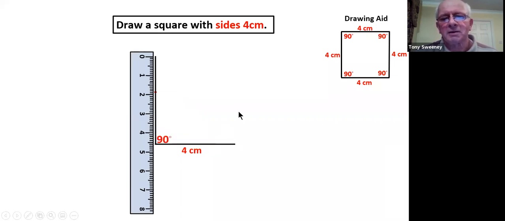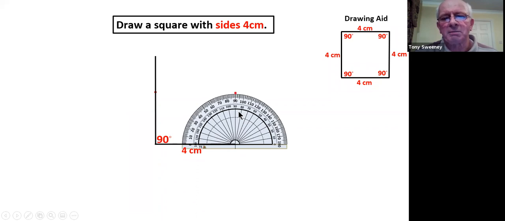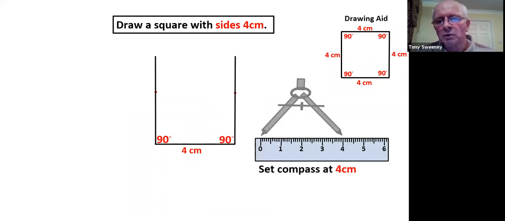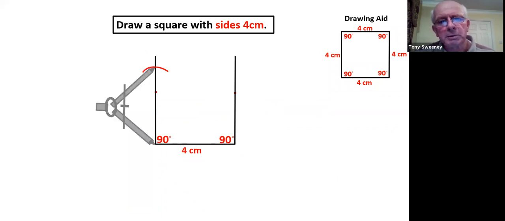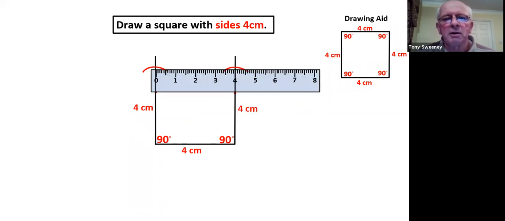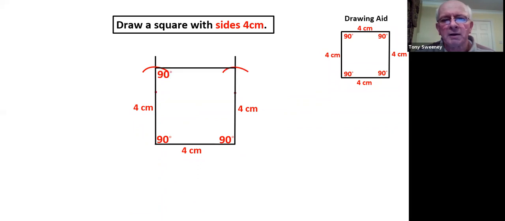On the other side, we do the same thing, a 90-degree angle, and draw a line. The line can be as long as you want. Now we get our ruler and we measure 4 centimeters, and we cut 4 centimeters off there and also there. And then we just close it off, and there we have our square.